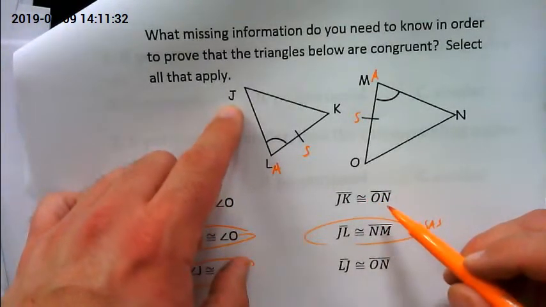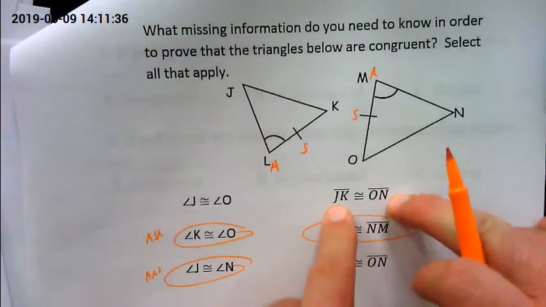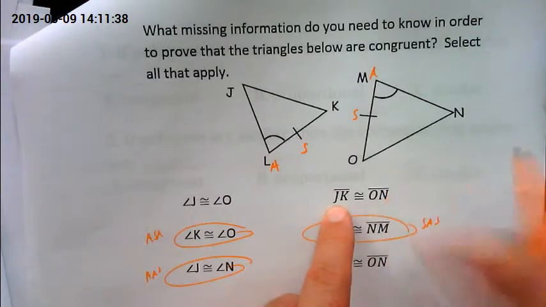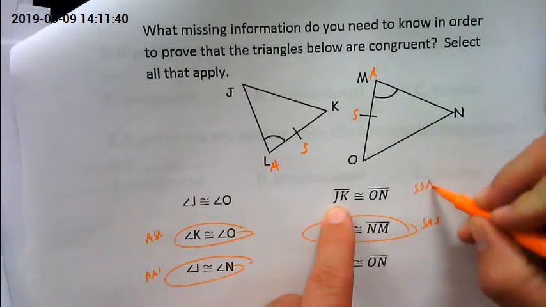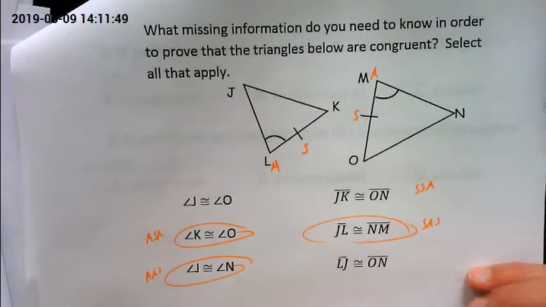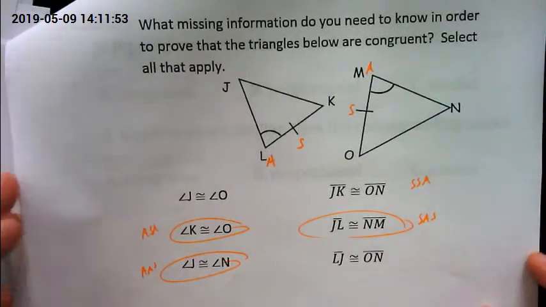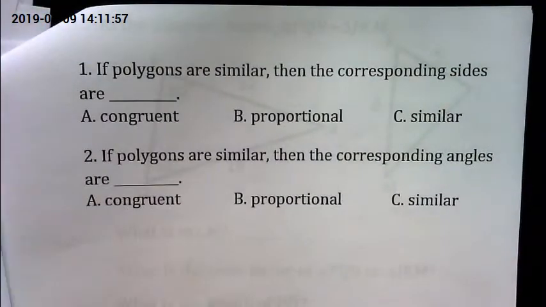JK. Okay, sorry. These are in corresponding positions, except if you're using this, it'd use SSA, which if you spell that backwards is a bad word, and we know that one doesn't work. That is not one of our congruency criteria. And those two don't correspond. Now, moving on. Ladies and gents.